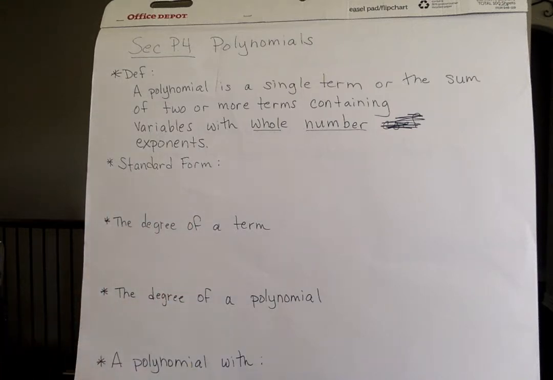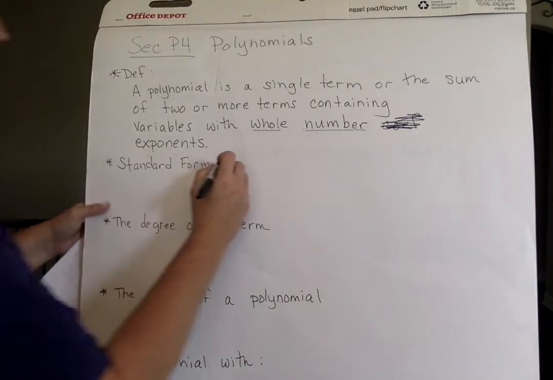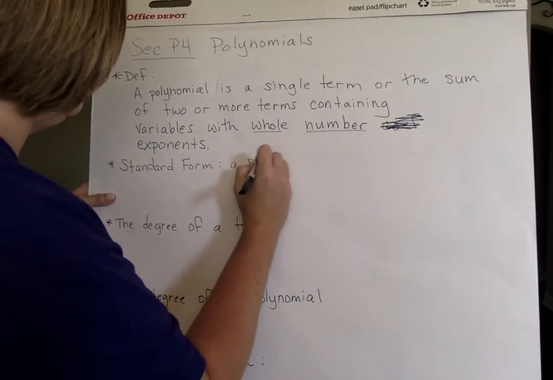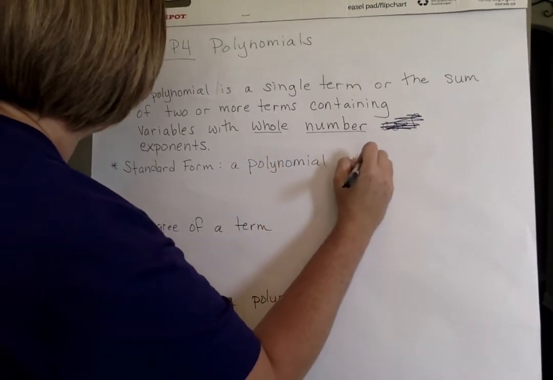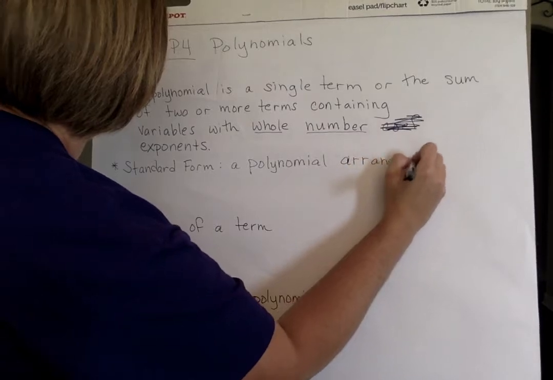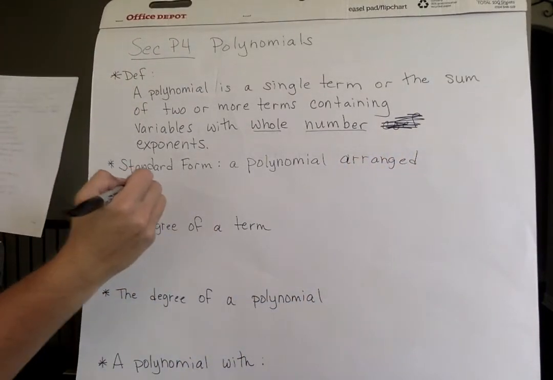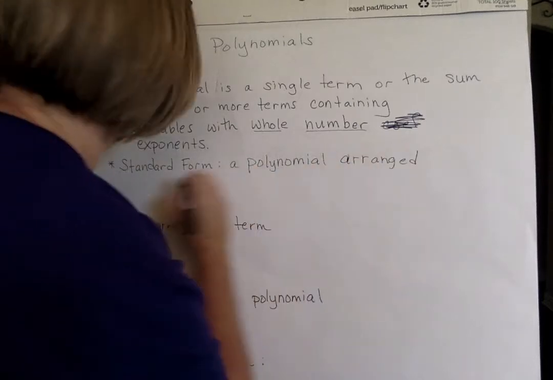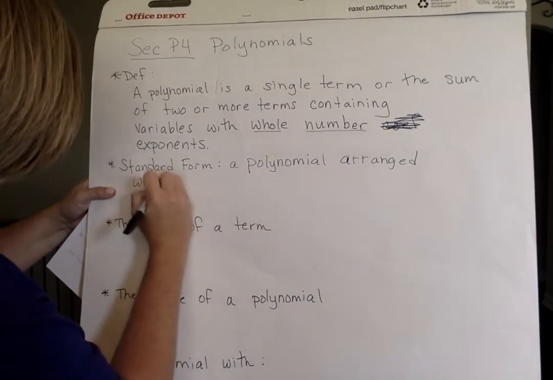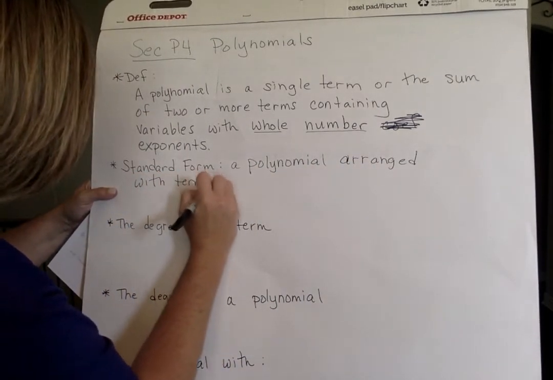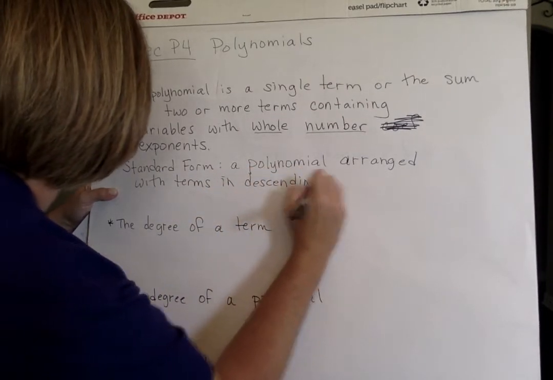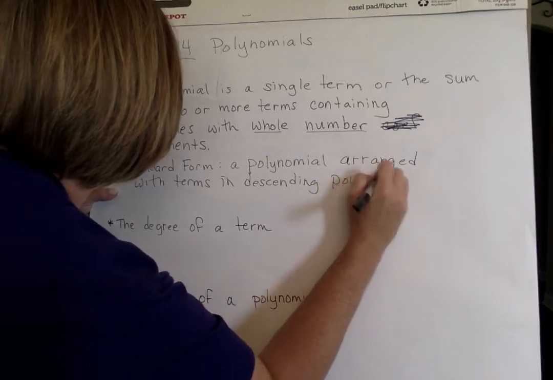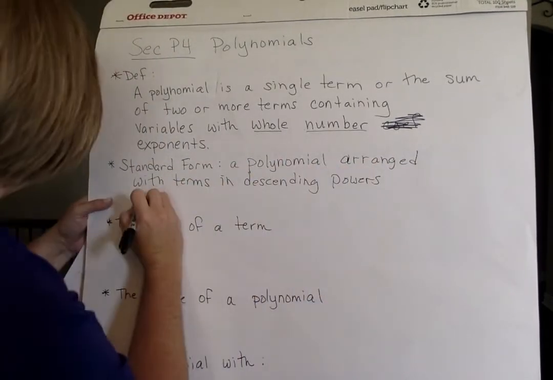Okay. Next, we have standard form. And standard form of a polynomial is a polynomial arranged with terms in descending powers of the variable.